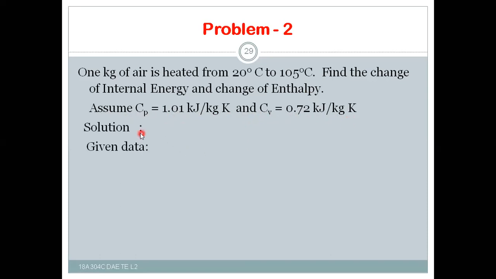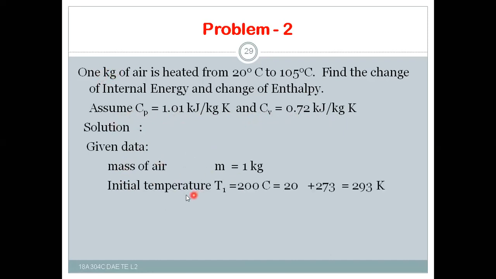So the solution here: the mass of 1 kg is given to you, and the initial temperature is 20 degrees Celsius, which should be converted into Kelvin, 20 plus 273, that is 293 Kelvin.